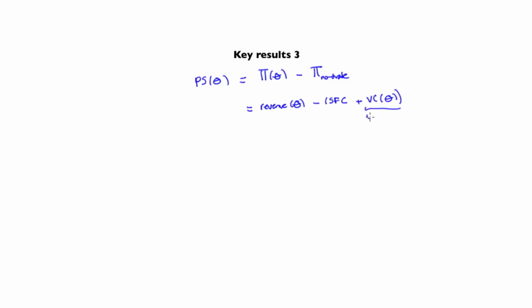So these are the variable costs of production at situation theta. That general formula will always give you the right answer. And notice, for example, that if there are taxes, you can put them in the cost, but you can also put them as an effect on your revenue.